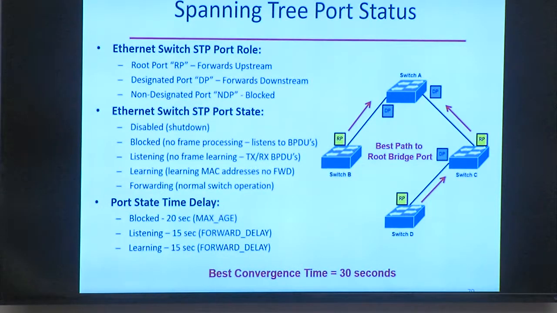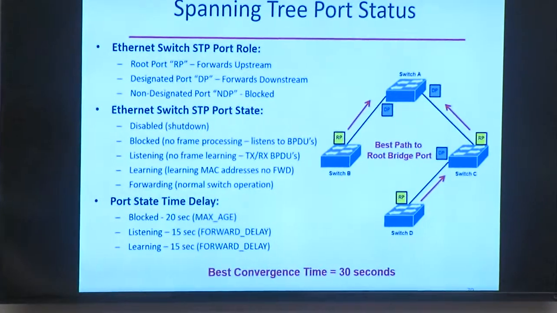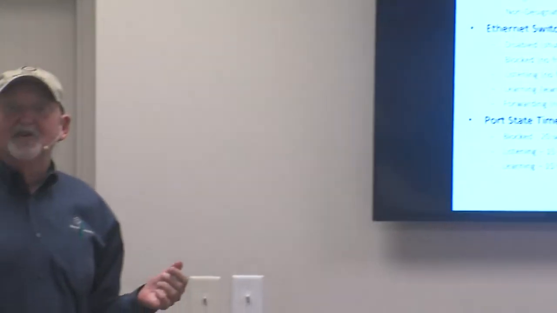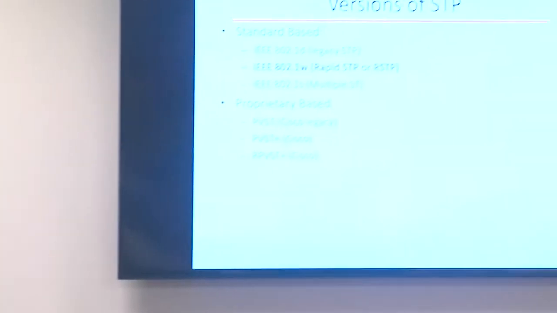And at best, it's about 30 seconds. Well, 30 seconds sometimes in network downtime can be an eternity, right? Particularly if your broadcast transport stream is passing through this. Again, that was a best case example. So as a result, there's several versions now of spanning tree.